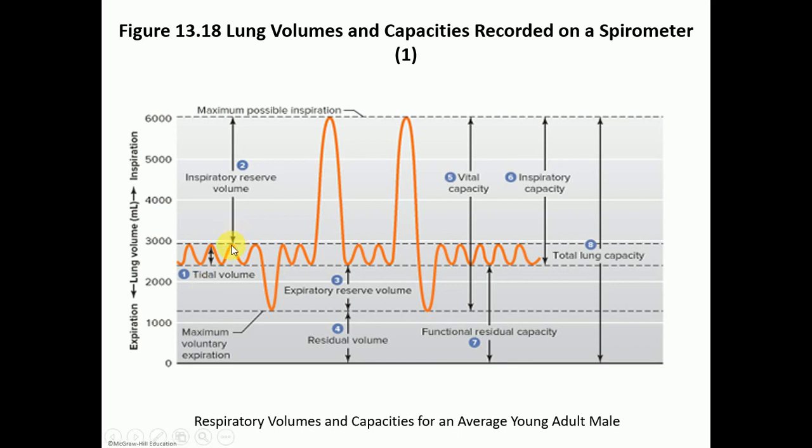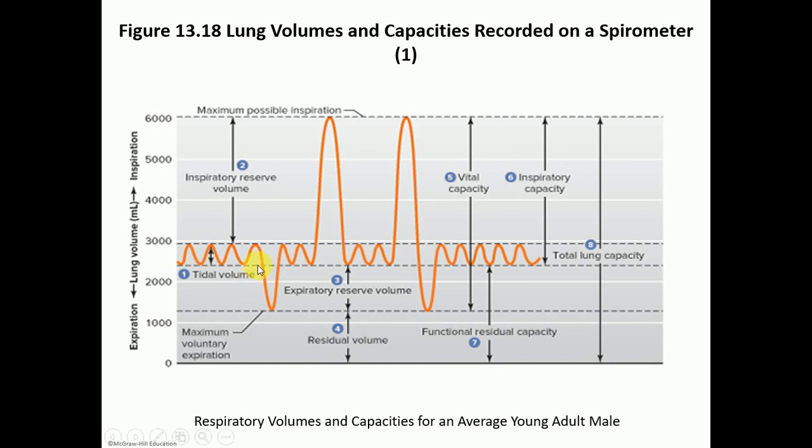And then you have the inspiratory reserve volume, which means that after a normal breath, you are asked to inhale as much as you can. Okay, so you take your normal breath in first, and then you're asked to inhale as deep as you can. That is your inspiratory reserve volume, meaning the maximal amount of air you can inhale after a normal inhalation.